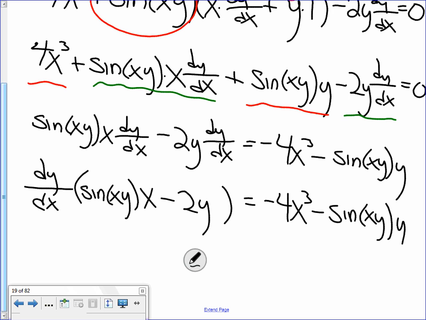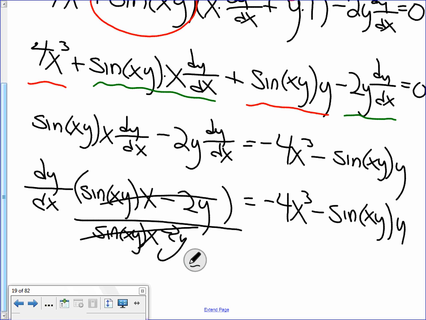And then what's your last step to solve for dy dx? Divide. So we'll just divide both sides by the sine of xy times x minus 2y. That'll cancel it out, and that's the derivative.